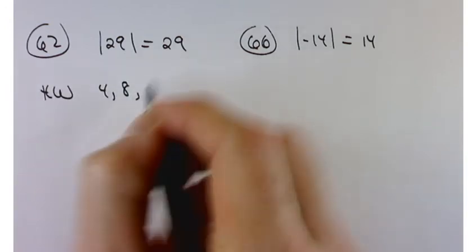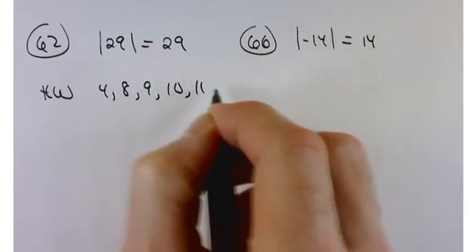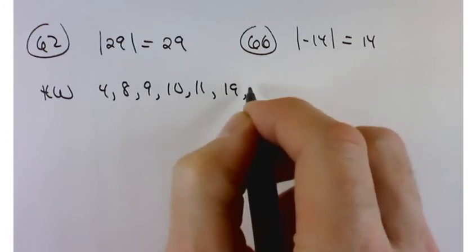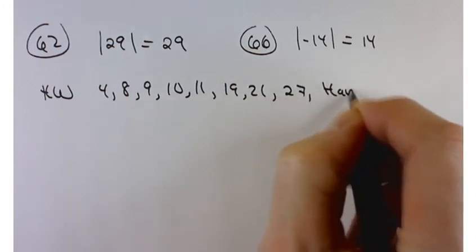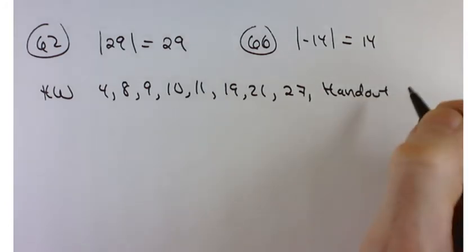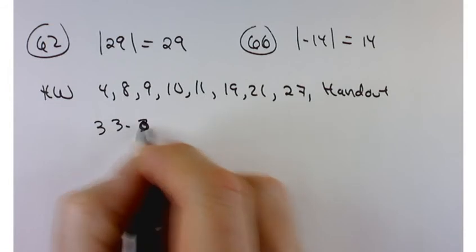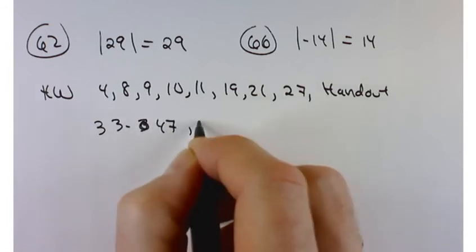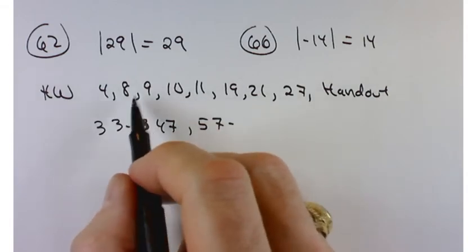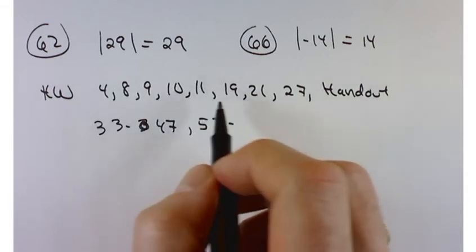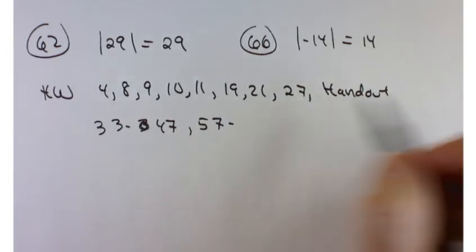For homework, there's a couple even numbered problems in here, but that's going to be the exception by far rather than the rule. So 4, 8, 9, 10, 11, skip up to 19 and 21, 27.